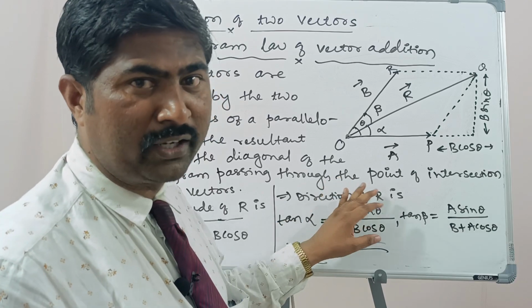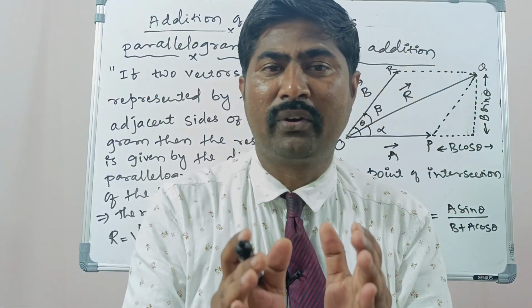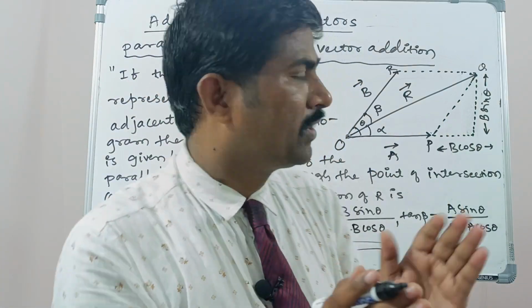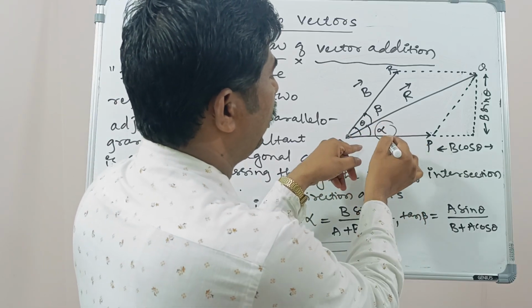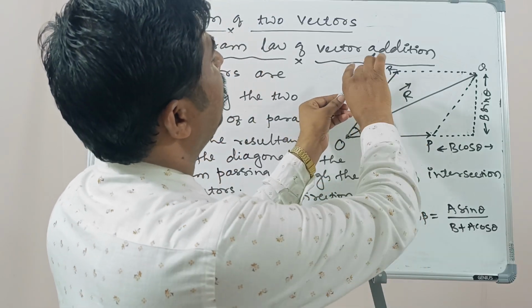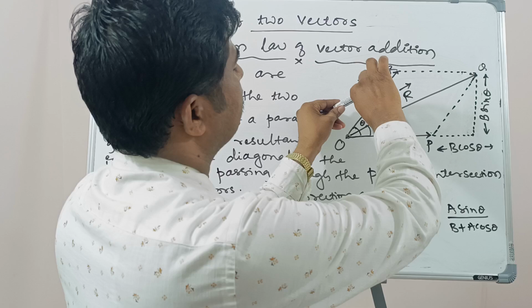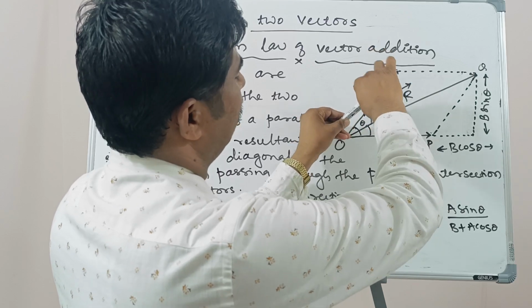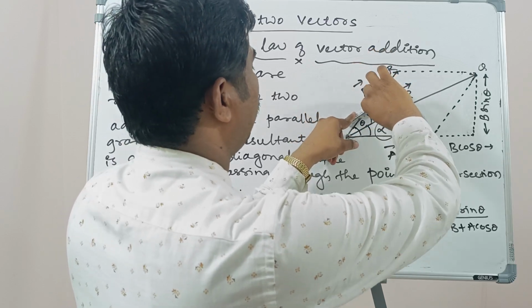Tan alpha, I told you, tan theta, how can you write? Sin theta by cos theta, right? So when you are writing this angle, what you have to do? You should understand that vector B is falling towards vector A, I mean this vector B is falling on this resultant.